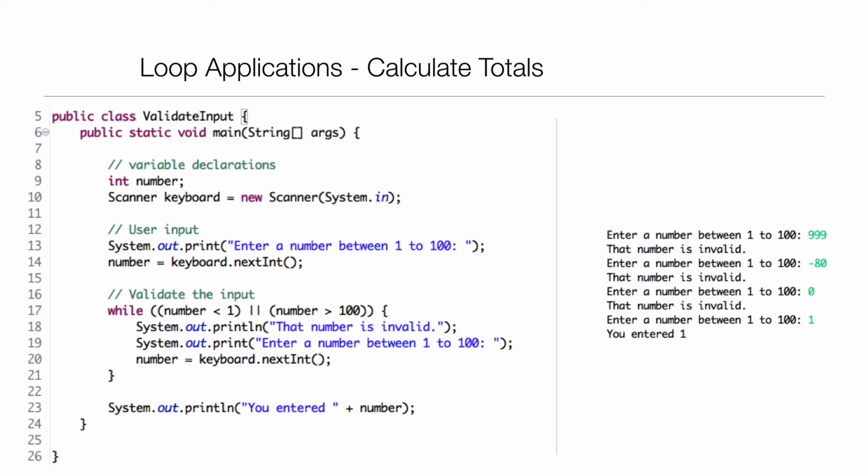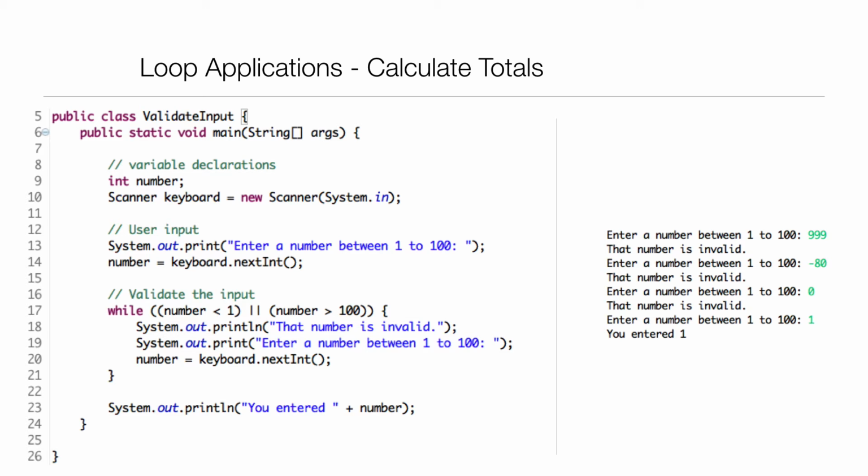This is introducing the OR command in Java. Line 17 says while number is less than 1 or number is greater than 100. In programming speak, one of those has to be true for the entire condition to be considered true.